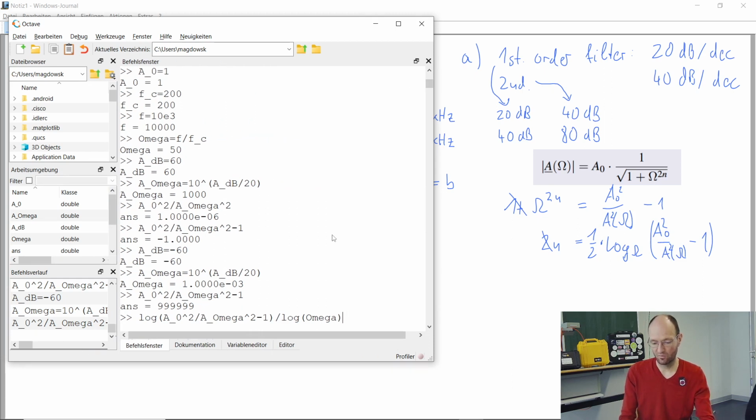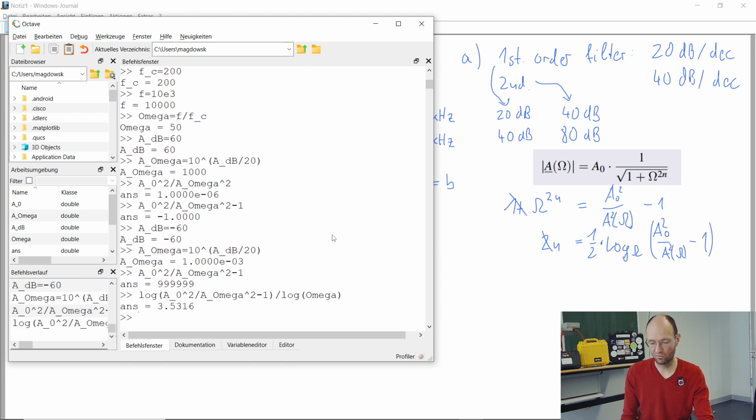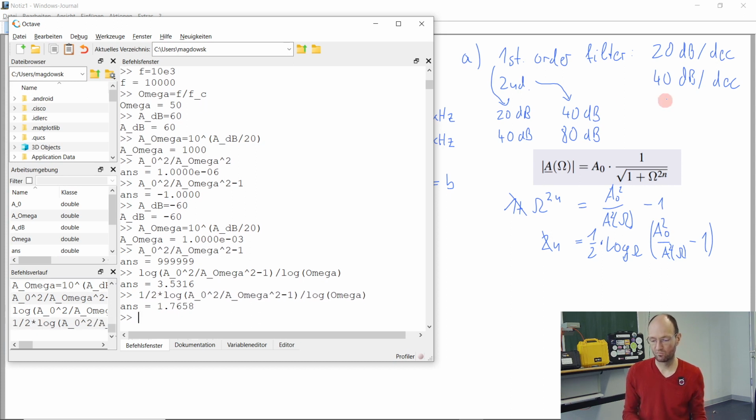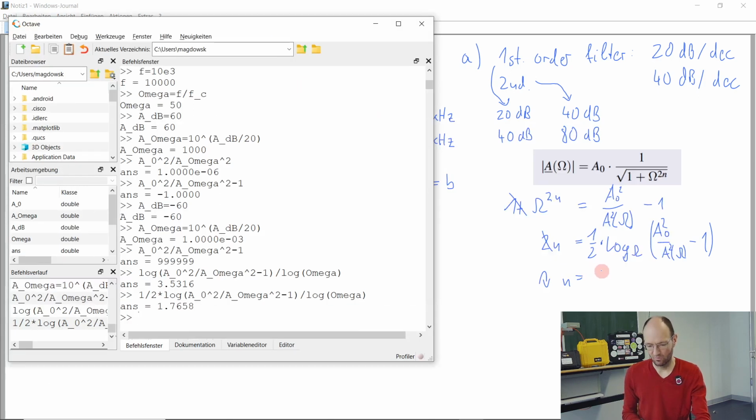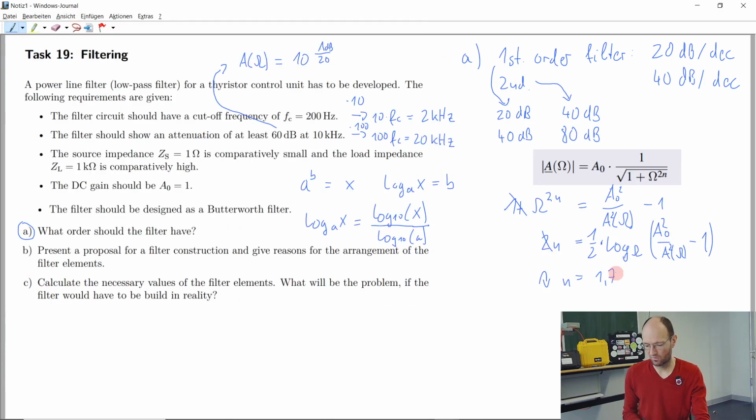So this divided by the log of omega, and now this multiplied by 1/2. So this is our formula here, and this is n. This is the filter order. And so the n that we get from this is 1.77. Do you remember the value? 1.77. Okay, 1.77.